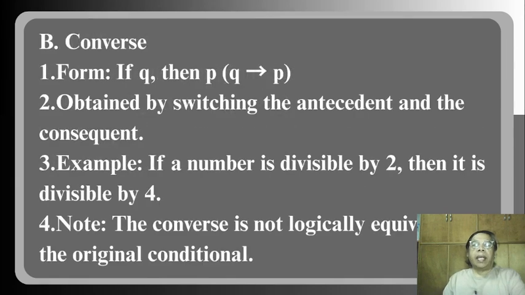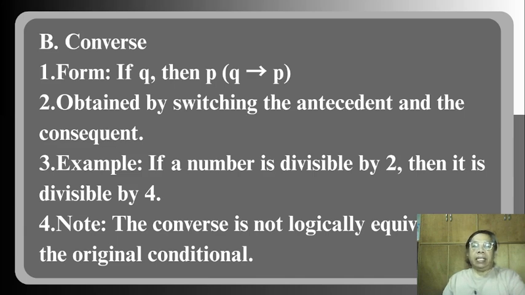Converse: if Q, then P, symbolically written as Q right arrow P. Obtained by switching the antecedent and the consequent. Example: if a number is divisible by 2, then it is divisible by 4.